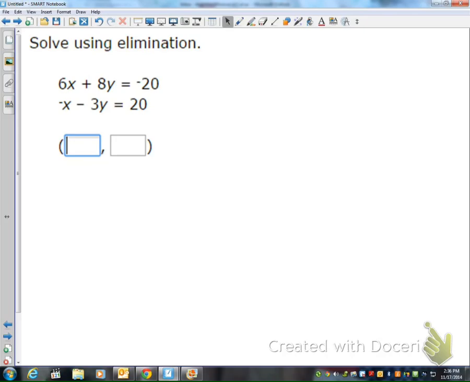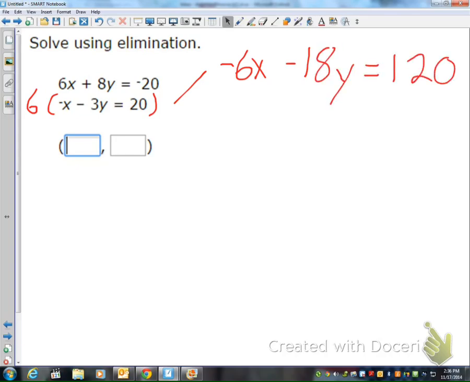So what I'm going to do is multiply this entire equation by 6, which means this equation is now going to be negative 6x minus 18y equals 120. So remember, it's distributive property through, so you've got to multiply it times every individual term.